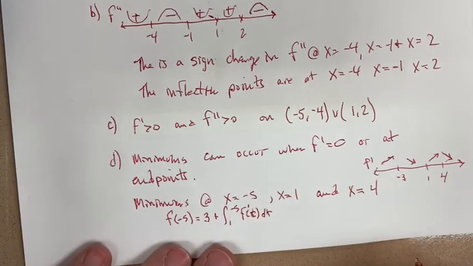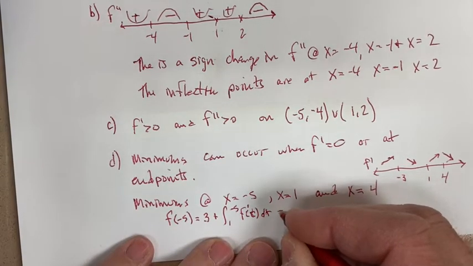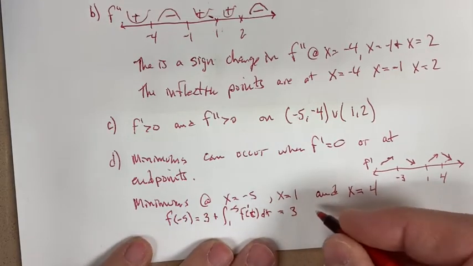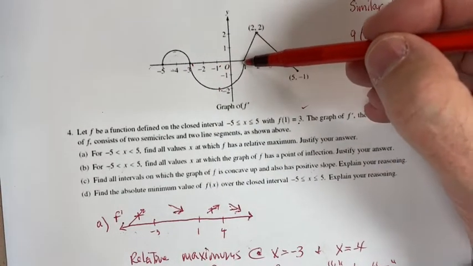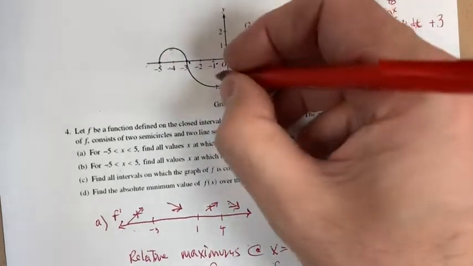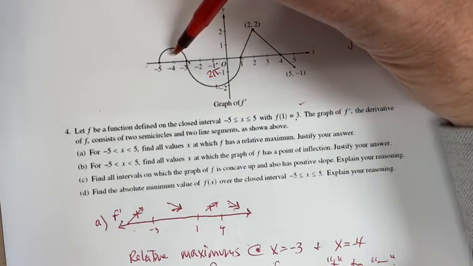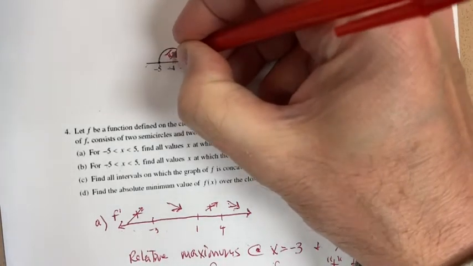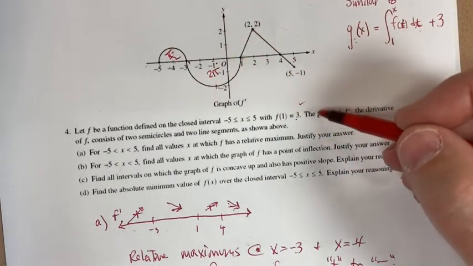Let me think about that for a little bit. I could probably have put x's in, but it doesn't matter. So that is 3 plus, well, the area here, well, it's a circle with a radius of 2, right? So the whole circle would be 4 pi. So this is 2 pi. This is a circle with a radius of 1, but it's half of 1, so this is pi over 2, those areas. And that looks good.